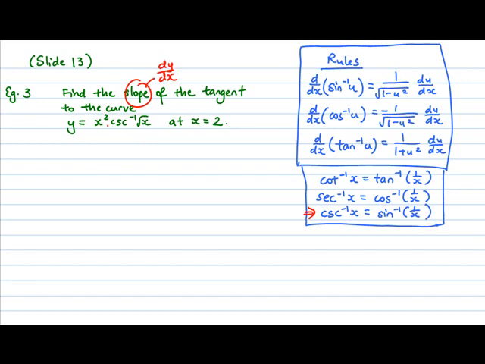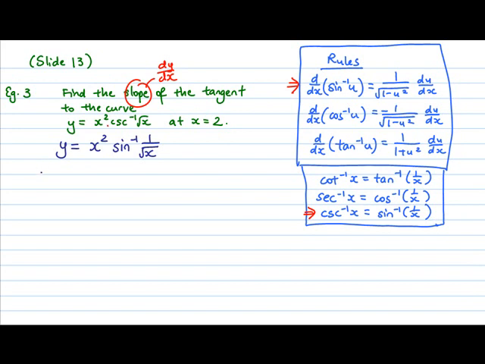So let me first rewrite this expression: cosecant inverse will be sine inverse of 1 over root x. So now I will have to differentiate sine inverse, and I'll use this.